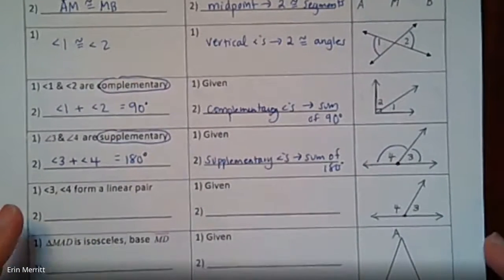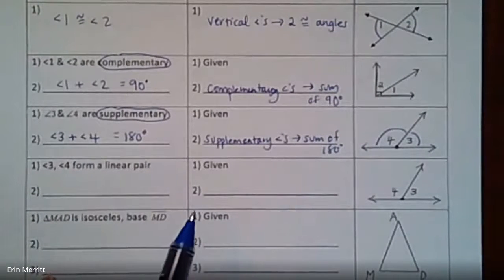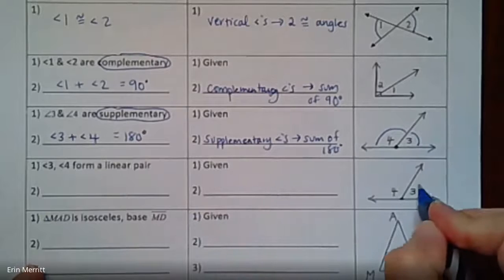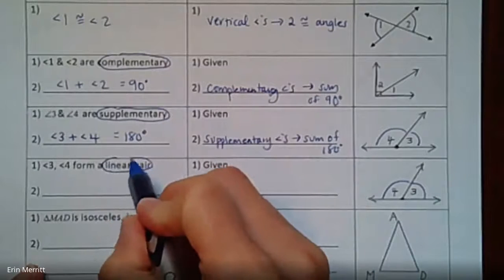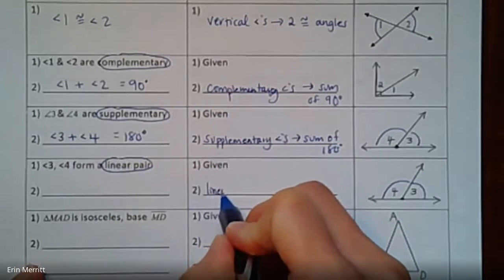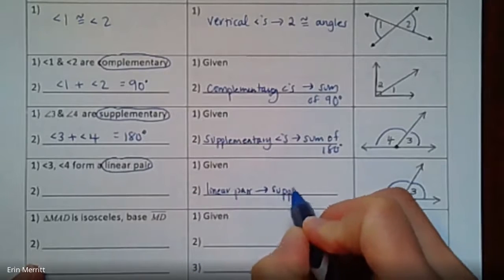All right. Same thing goes for this next one, saying 3 and 4 are a linear pair. And if they are a linear pair, then that means that they are supplementary. So linear pair implies that they are supplementary.